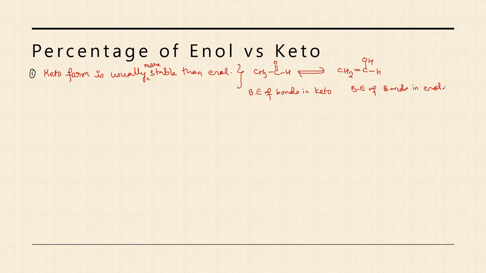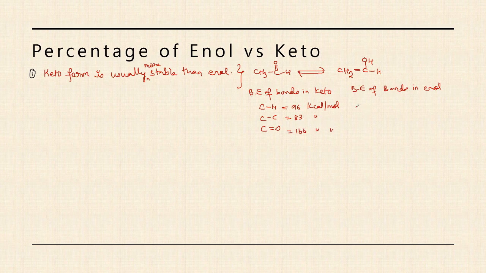I'm not multiplying it with the number of times such a bond appears within the system, because that is not our job right now. So if I look at the bond energy of a CH bond and a CC bond and a C double bond O unit, because these are the bonds which will undergo the change. So this is 96 kilocalories per mole. C single bond C is 83 and C double bond O is 166.